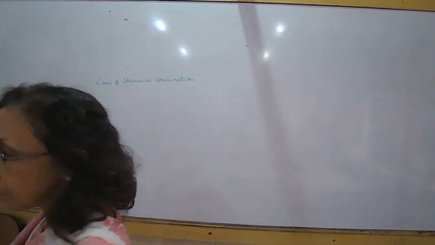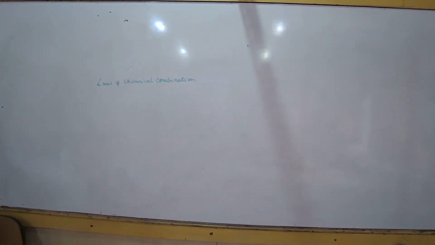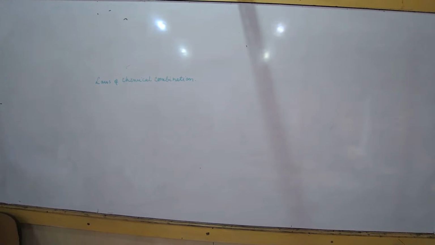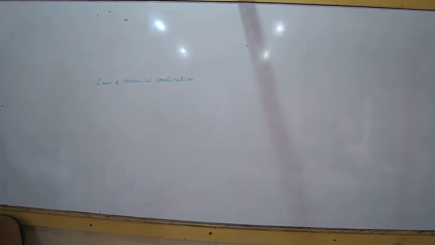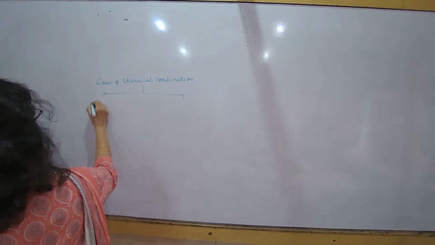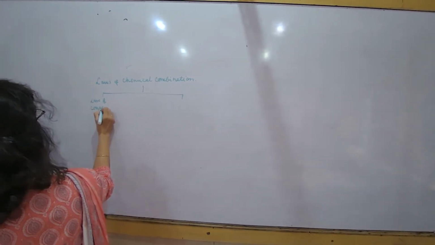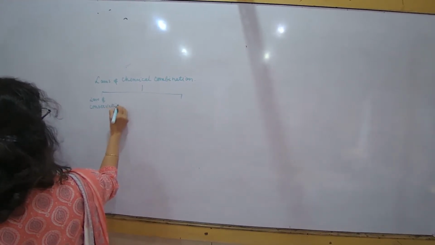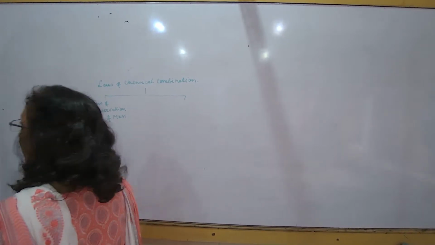What are those 2 laws? No, I'm not talking about the scientist. I'm talking about the law. The first law is the law of conservation of mass. Okay, that is one law.